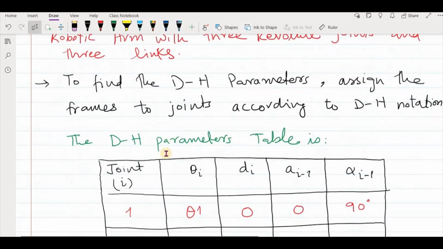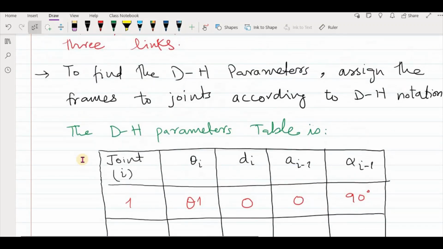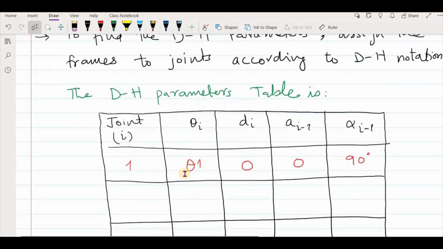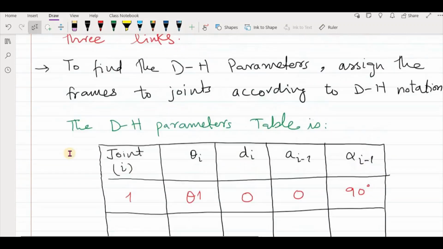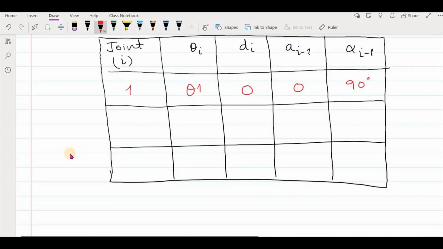So for now joint 1 is complete. We have calculated the joint angle of joint 1, the offset, the length, and the twist angle. Now let's move to joint number 2.